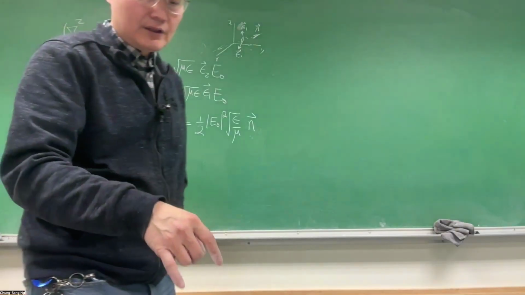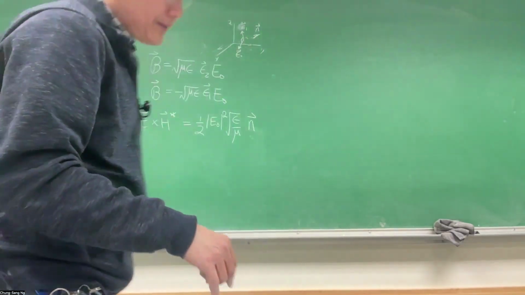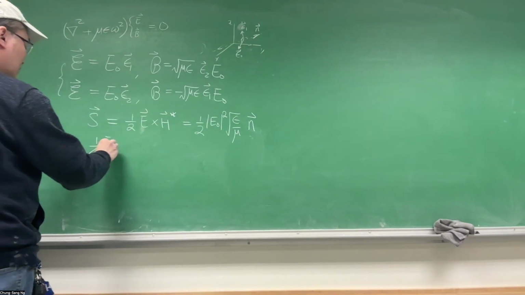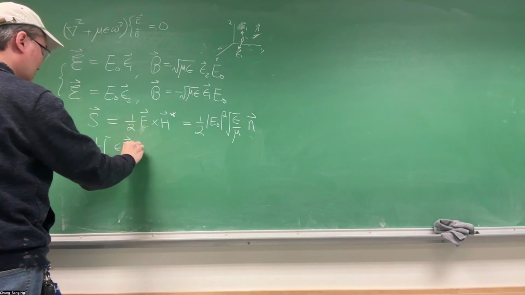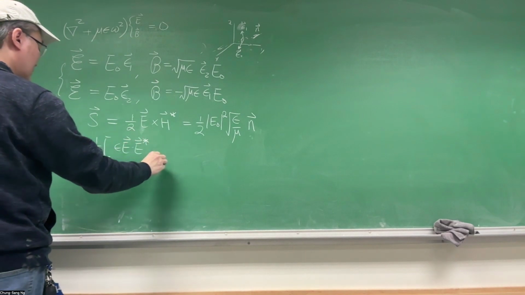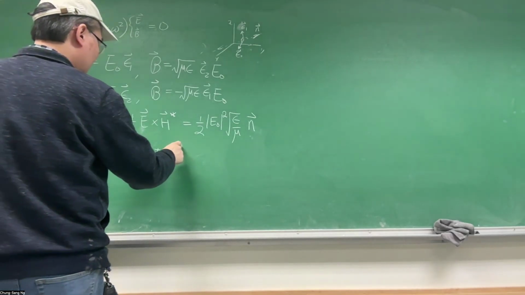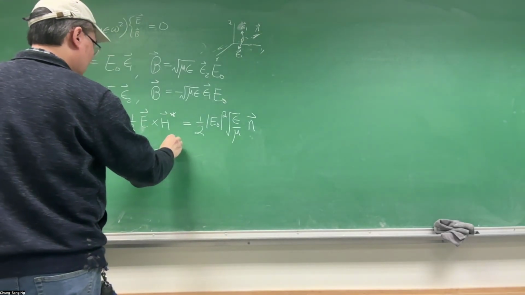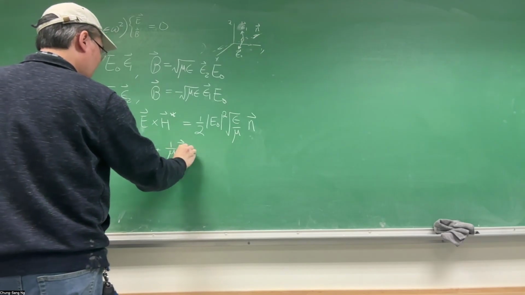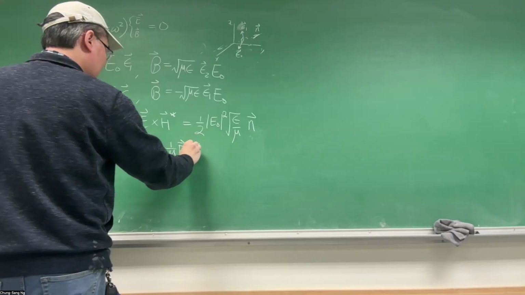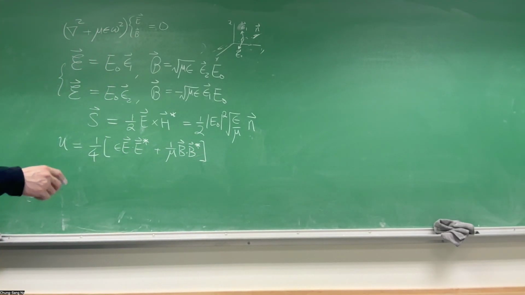One is E dot D, the other is B dot H. So E dot D is epsilon E dot E complex conjugate, and then you have B dot H. So H is B over mu, B dot B complex conjugate. Okay, that's not difficult.